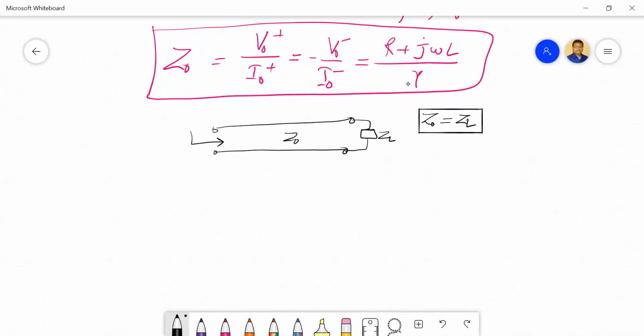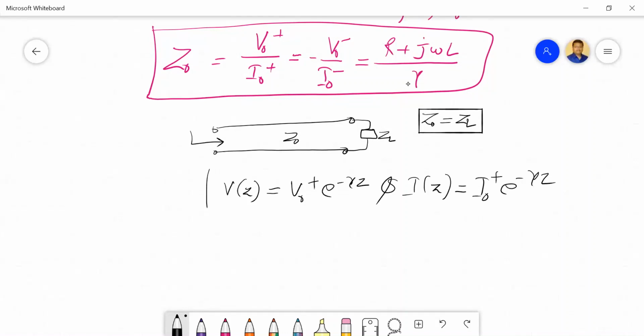So in that case, what can you write? You can write Vz is equal to V0 plus e to the power minus gamma z, and Iz is equal to I0 plus e to the power minus gamma z. Fine.